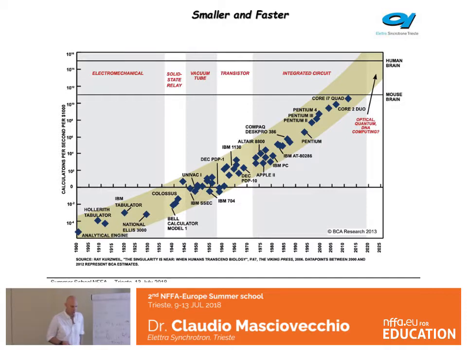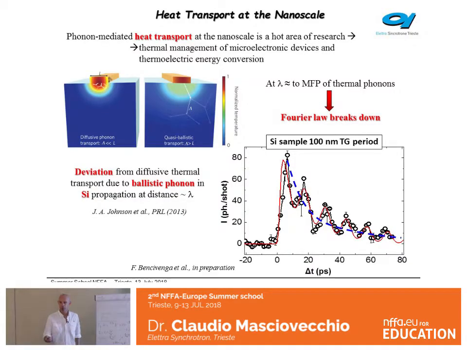The main problem is that when you go to the nanoscale, and people are pushing in this nanoscale regime, you have to deal with heat transport, okay? Because when you have phonons that transport heat which have a mean free path much smaller than the heat region, then you are in the normal diffusive regime, and everything is very well known.